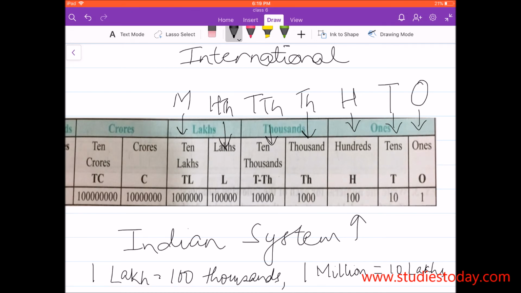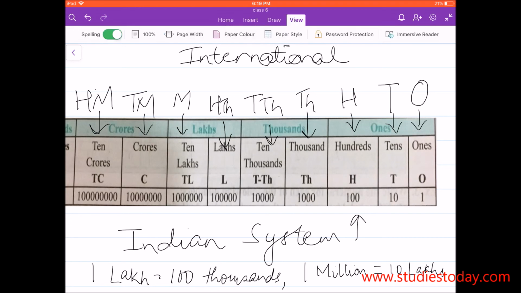Then I have 10 million, which you can guess is equal to 1 crore. So I get 10 million equals 1 crore. And then I have 100 million, so I get 100 million equals 10 crore.